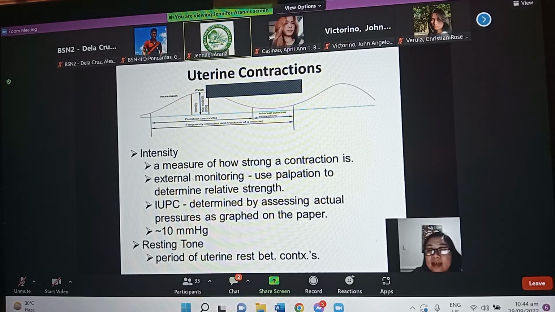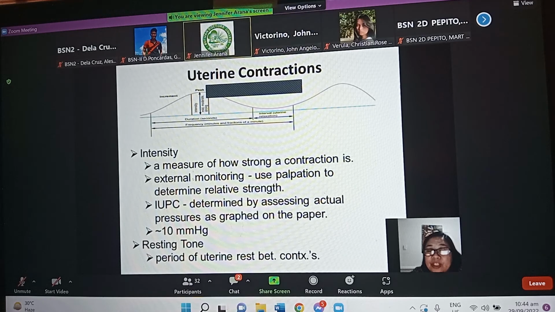Na grabe ka intense ang iyahang contraction. But the internal monitoring could determine the accurate intensity of the contraction. Okay? So it is determined by the IUPC, assessing actual pressures as graphed on the paper. It's around 10 millimeters of mercury.